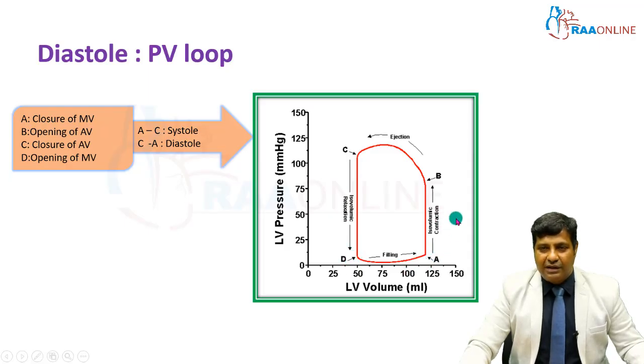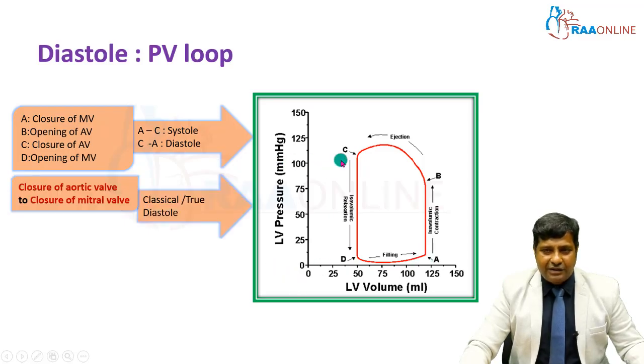So if you understand these points, you will know the point between A and C represents the systolic period, and the point between C through D represents the diastolic period. So mechanical diastole lasts between the closure of the aortic valve and the closure of the mitral valve.